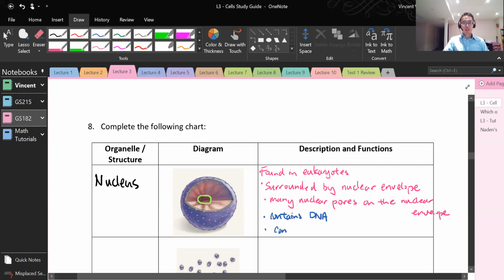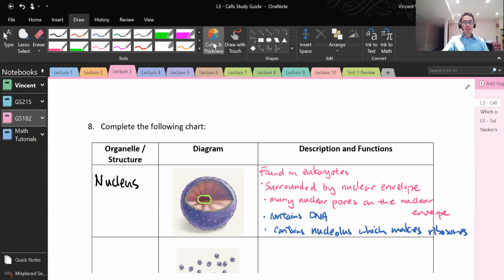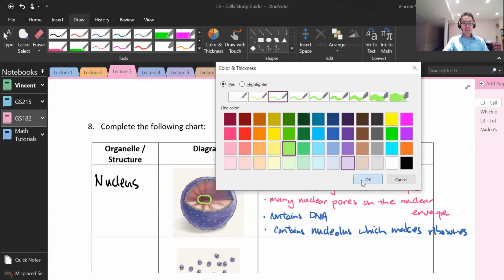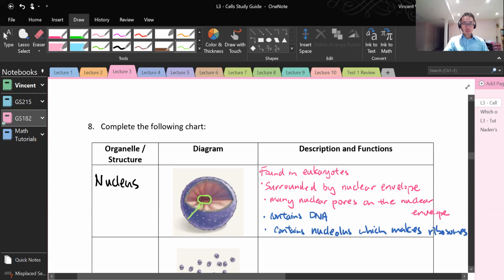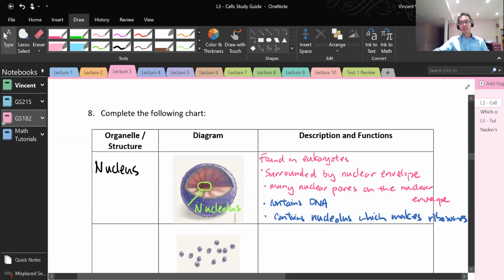So it contains the nucleolus, which makes ribosomes. Let me write that down for you. This is the nucleolus. I want you to think of this as maybe like a peach.